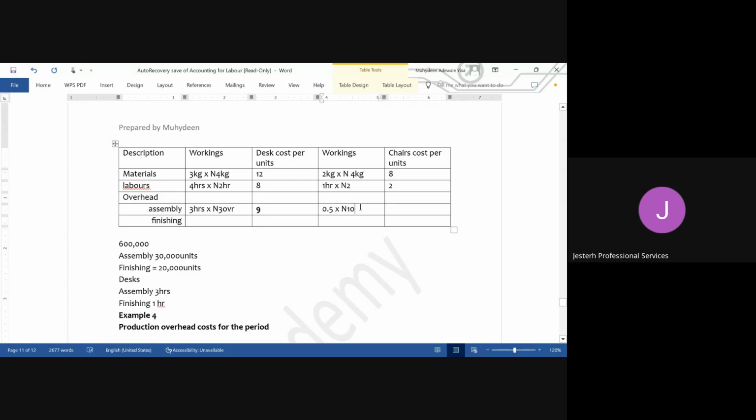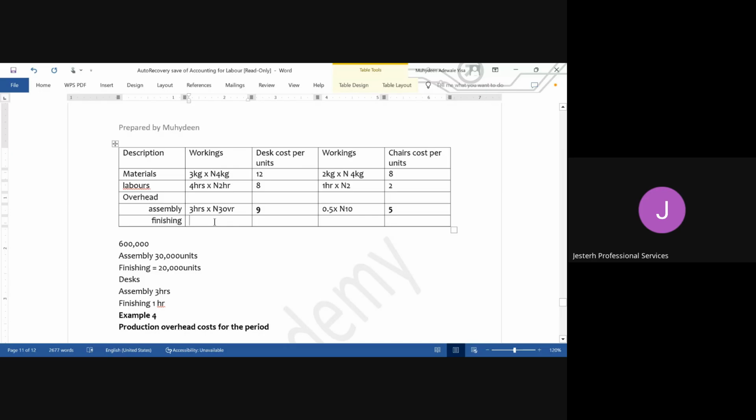Please, I want us to be on the same page. Yes, this multiplied by 10 naira will give you 5. So to produce 1 unit of chair, we are going to spend 5 naira based on labor hours.